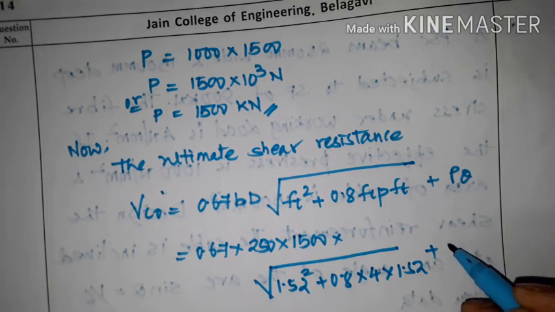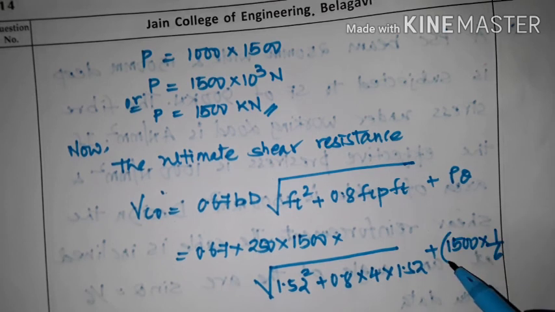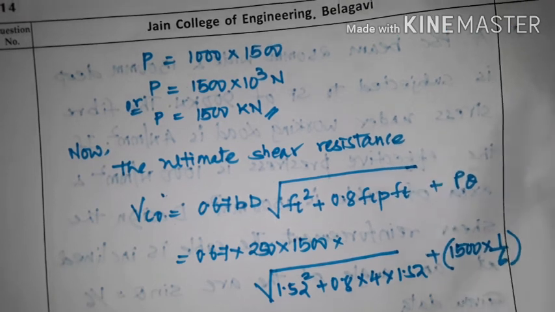So P is 1500 into theta is 1 by 6, P theta, so that is 1500 into 1 by 6, understood.